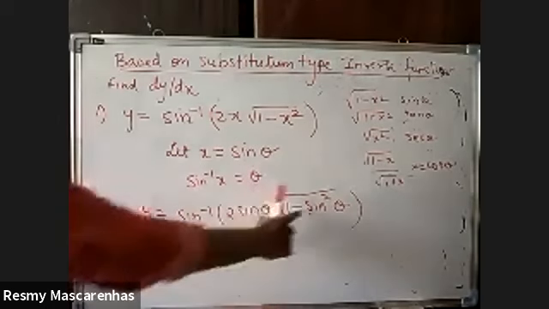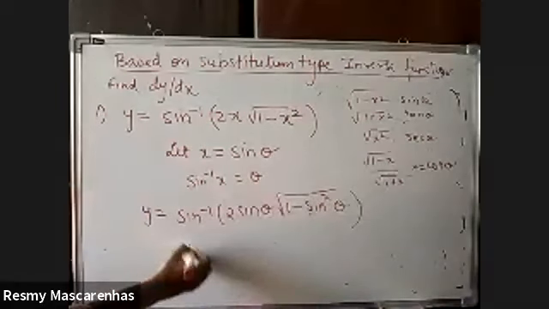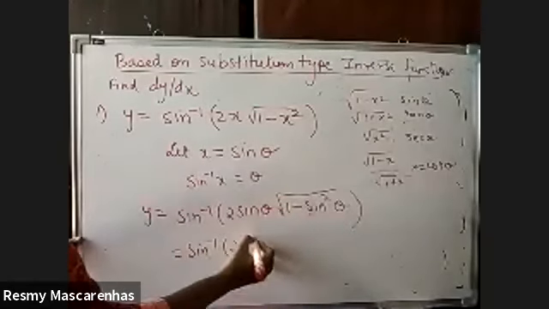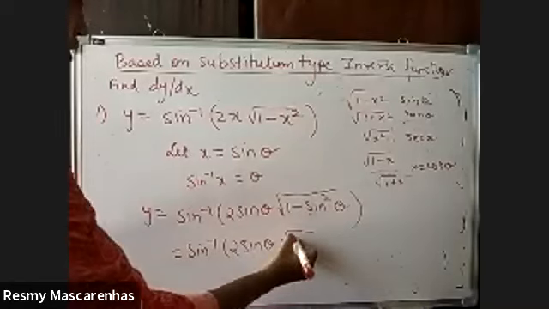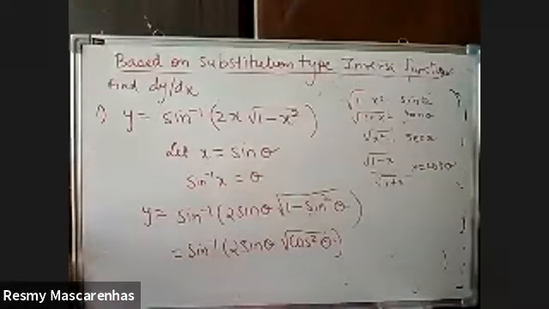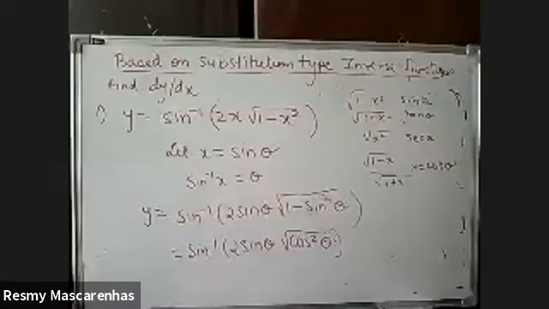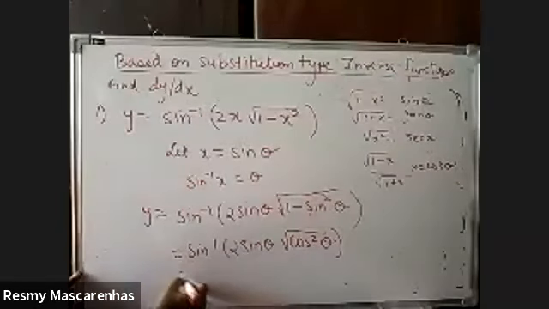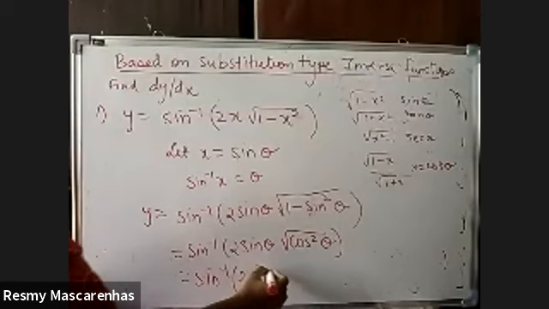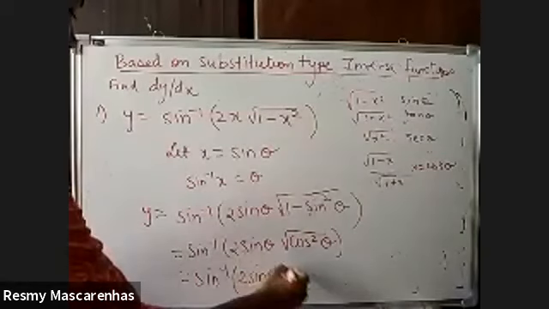And what is 1 minus sine square theta? Cos square theta. Then again, root and square will cancel, and this will become sine inverse of sine theta cos theta, with the factor 2.